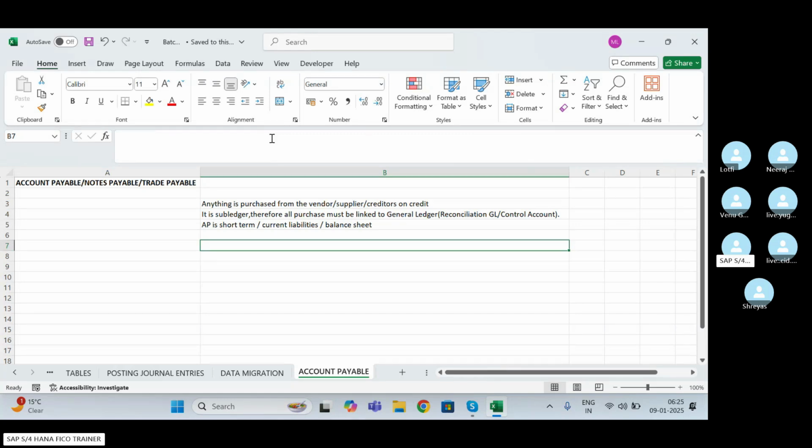So vendor master is very, very important to do any kind of account payable related business transaction.